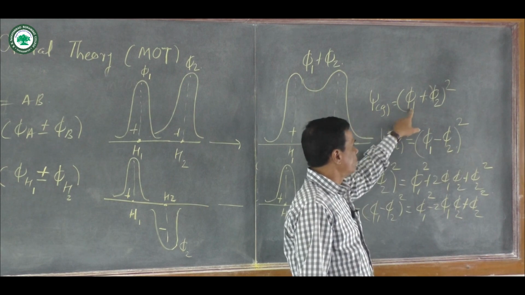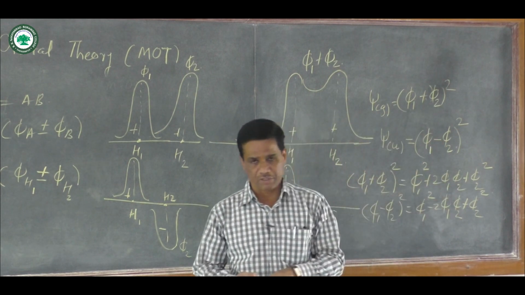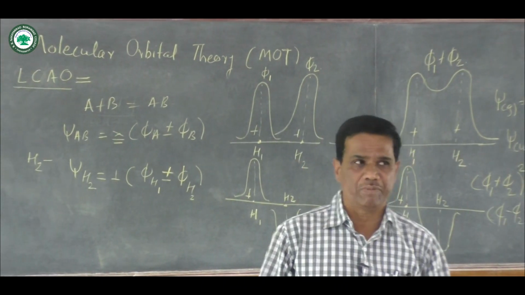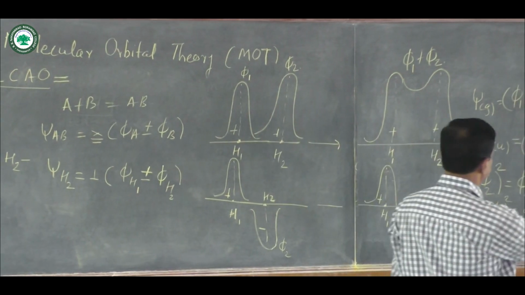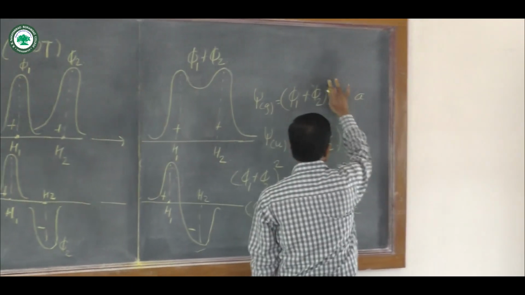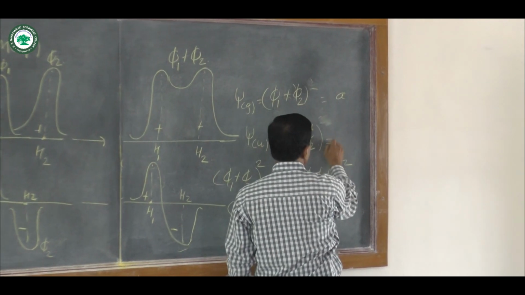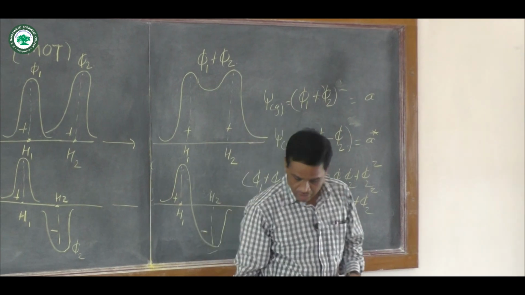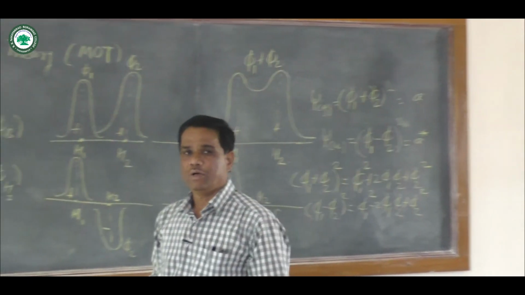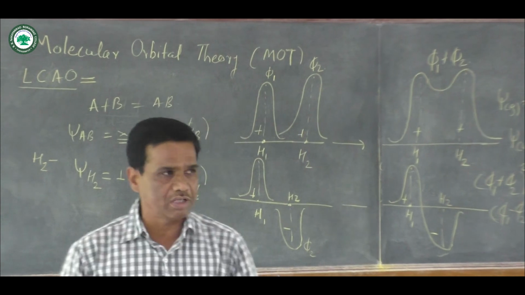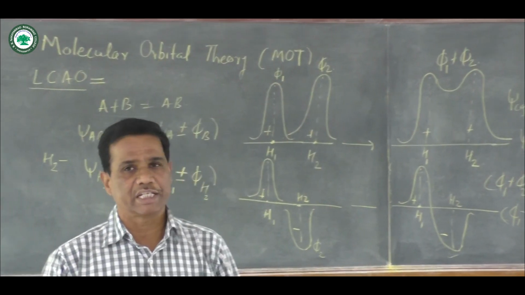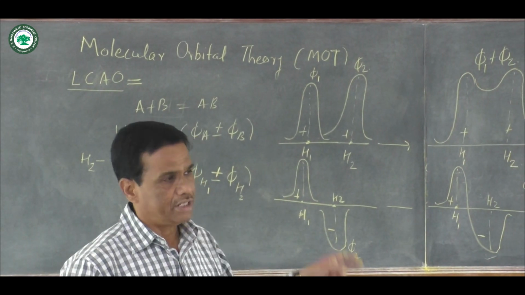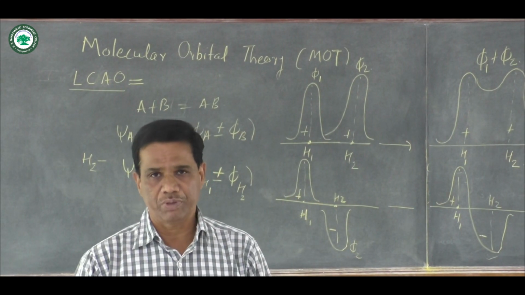Gerade is generally the bonding molecular orbital, and ungerade means the anti-bonding molecular orbital, represented with a star. When bonding and anti-bonding occur they are represented as gerade, that is even, and ungerade, meaning odd, and that is the linear combination of atomic orbitals.